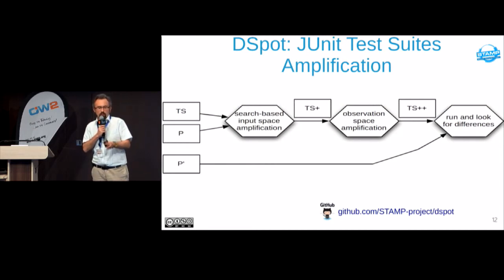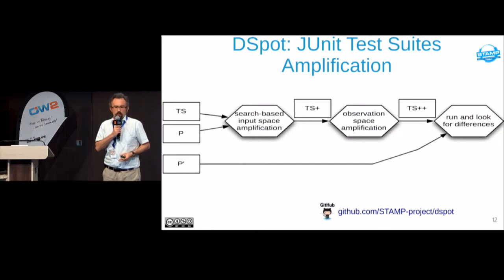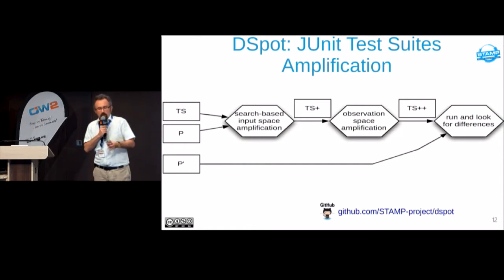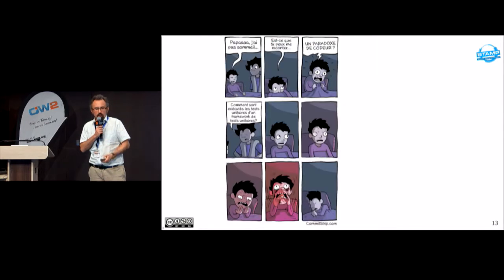And after, we amplify the observation states, that's the regressions of the methods. And after that, that's the last part, we run the tests against P and P prime and look for differences, and these differences are the regression bugs.